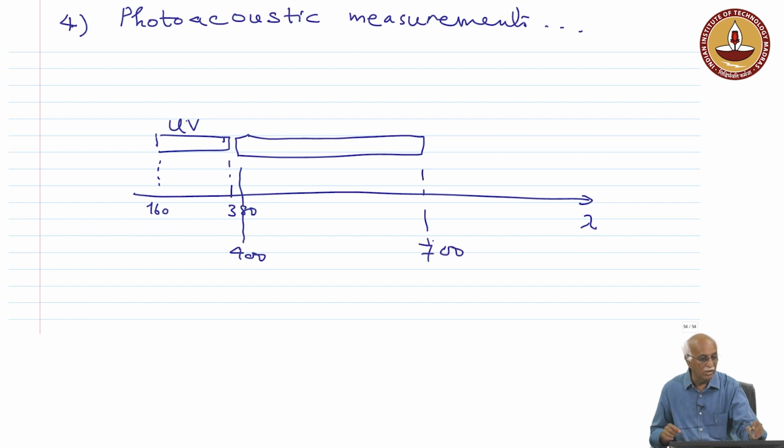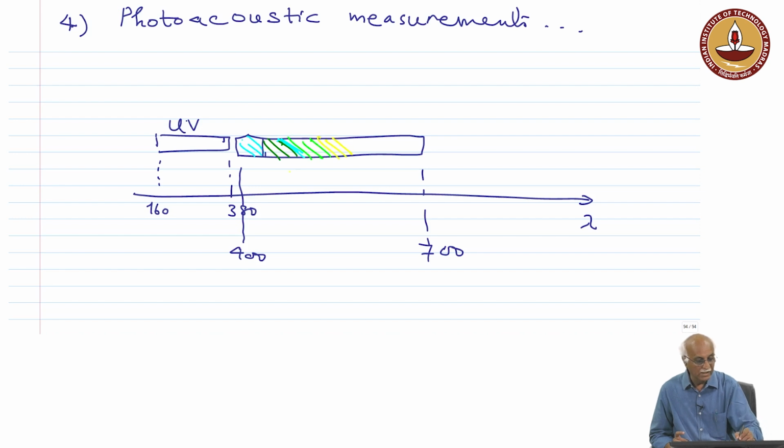In that visible region we have violet, indigo, blue, green coming into the picture, then getting converted into orange, yellow.